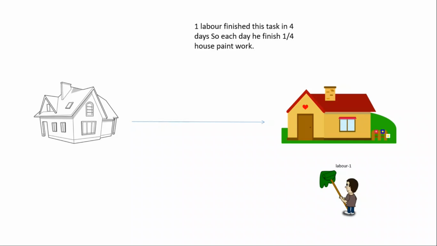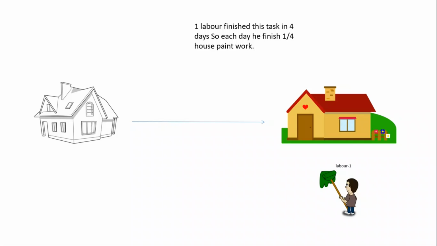On the right-hand side, you can see the paint I want for my house. So what I am doing now, I hire a labor service, and I hired one labor. Basically a labor works 8 hours in a day, and one labor finished this task in 4 days.